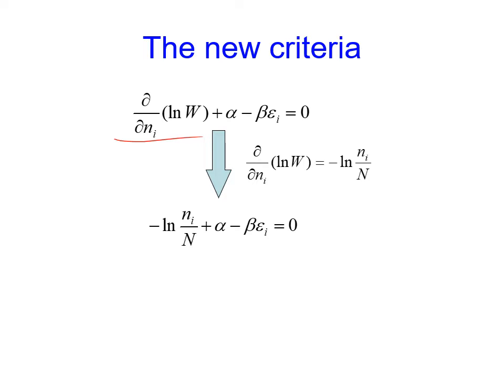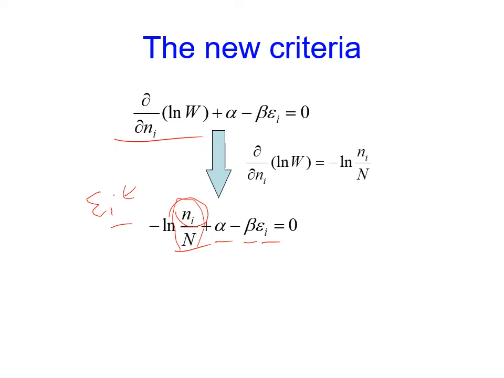In this equation, Ni is the number of molecules occupying the energy level epsilon i, i is an arbitrary number, and n is the total number of molecules. So this fraction is the percent of molecules occupying energy level epsilon i. Alpha is a multiplier to be determined, and the same goes for beta, which multiplies the energy level epsilon i.